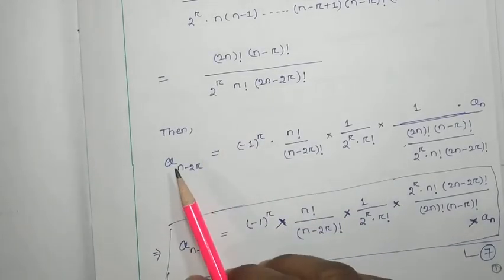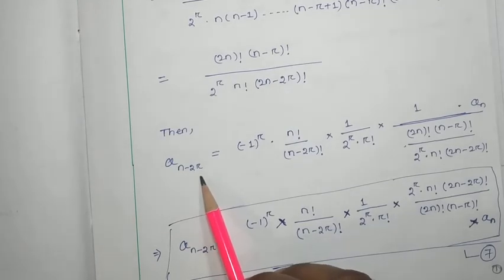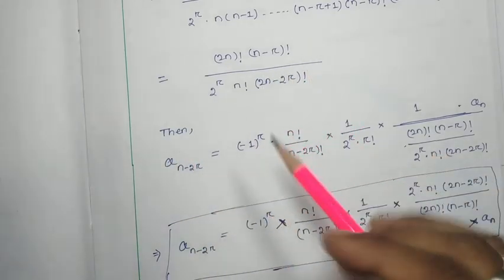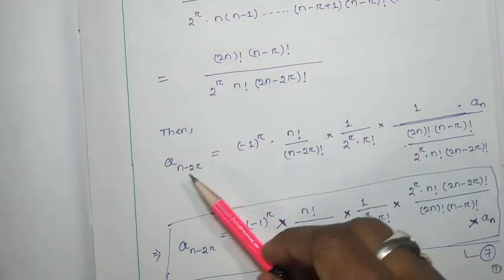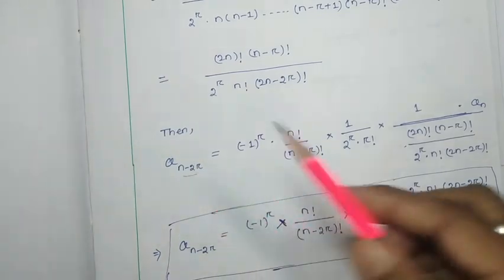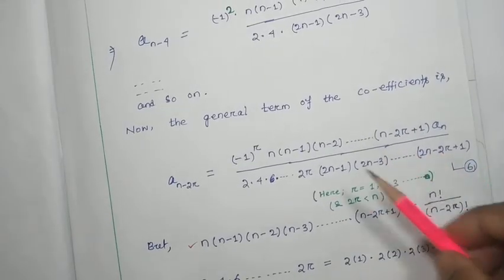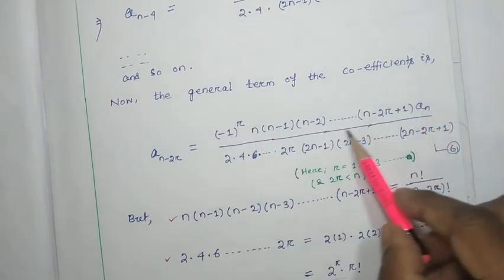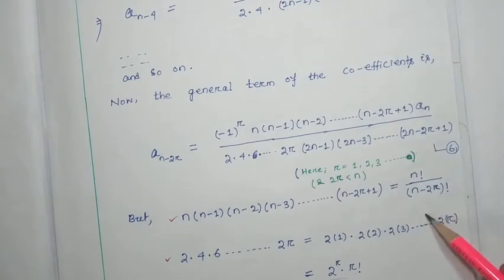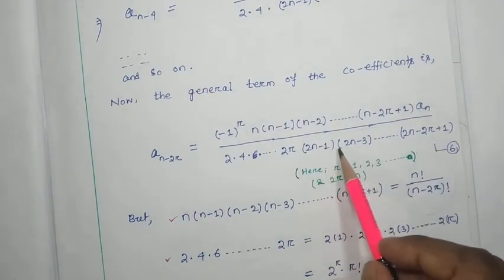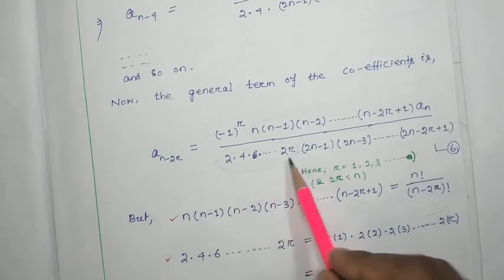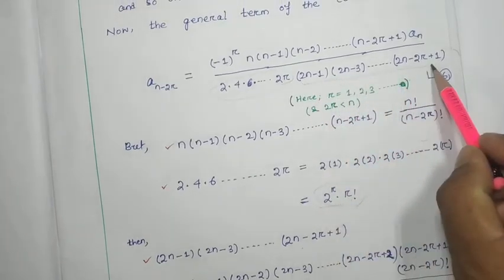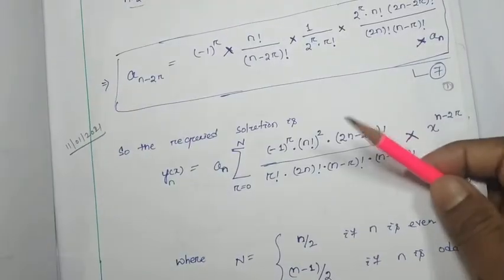Then a subscript n minus 2r will be equal to minus 1 to the power r into, in generalized form, what we can write. So in generalized a subscript n minus 2r, whatever is written over here, I just substitute the values. See, minus 1 to the power r, here this much can be written in factorial form like this, and this much up to this much can be written in the factorial form like this one, and this much can be written in the factorial form as this one.